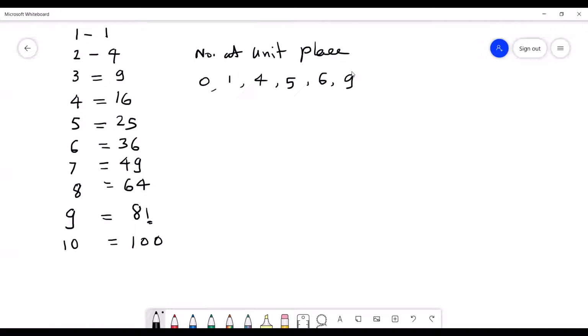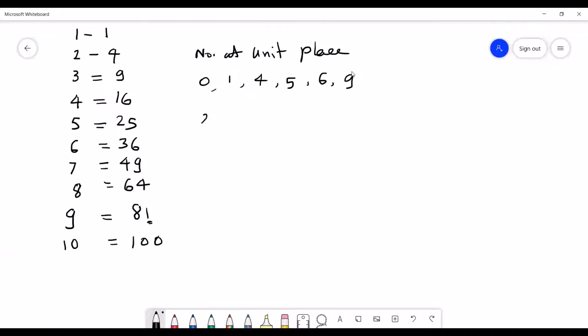So you can identify any number whether it is having a perfect square or not.